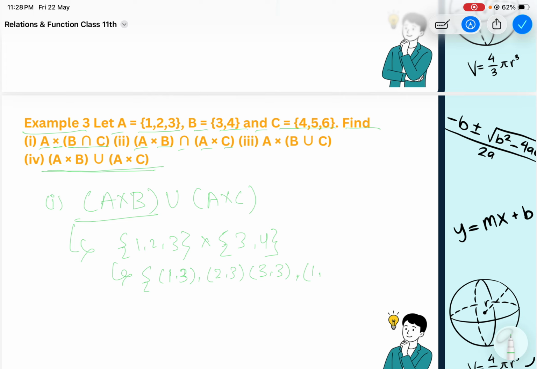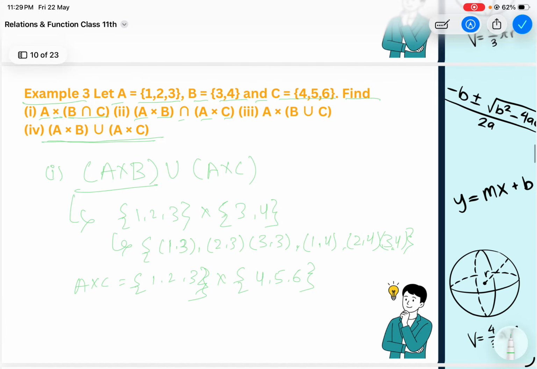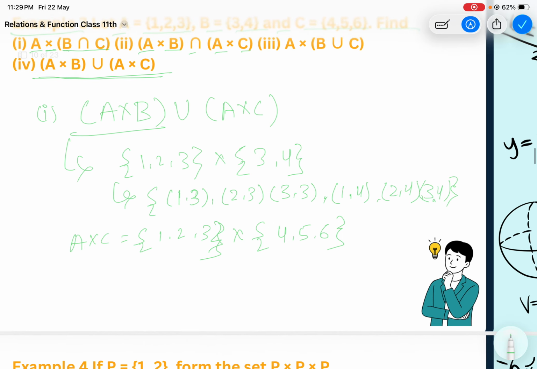Now (1, 4), (2, 4), (3, 4). So this is A × B. Now let's see what A × C is equal to. A is {1, 2, 3}, times C, where we have 4, 5 and 6. This is only lengthy, this is not hard.